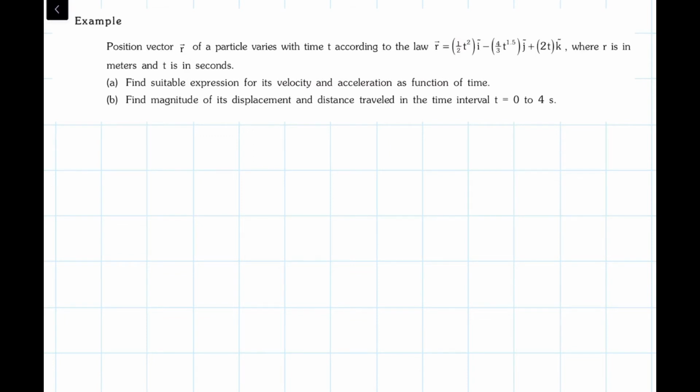Find the suitable expression for its velocity and acceleration as a function of time. Also find the magnitude of the displacement and distance traveled in the time interval 0 to 4 seconds.